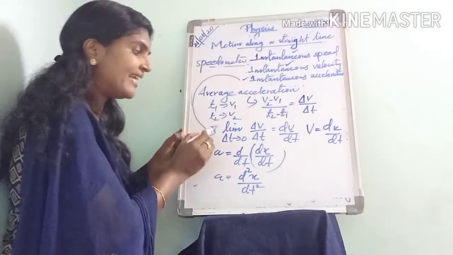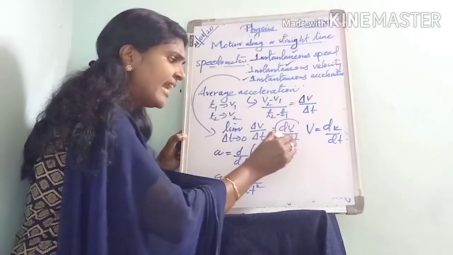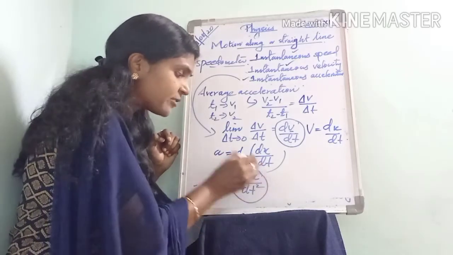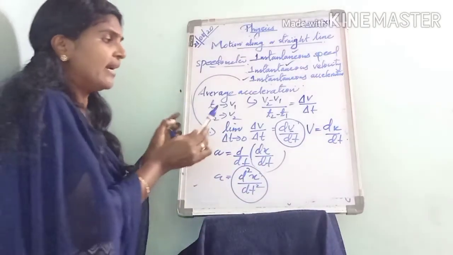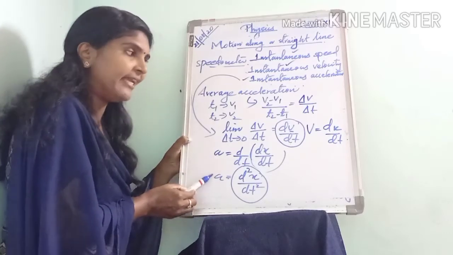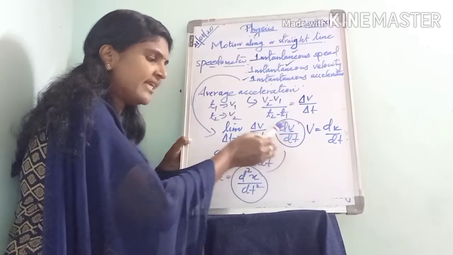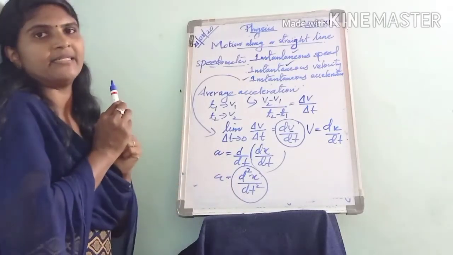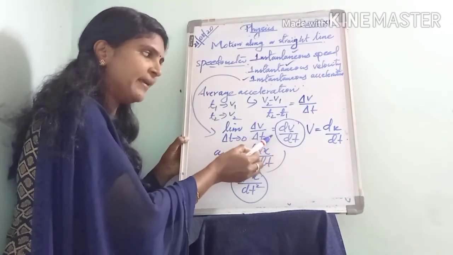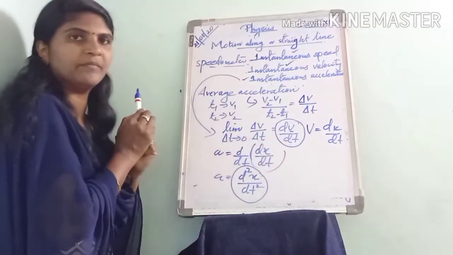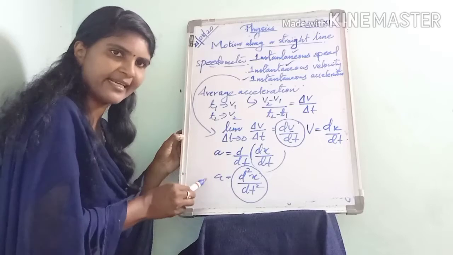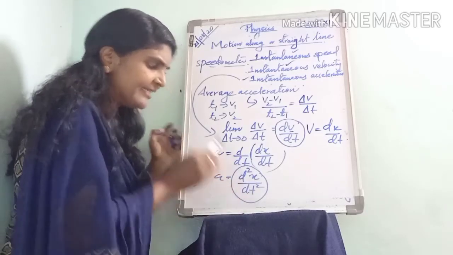So for instantaneous acceleration we have two relations. Either we can write dv by dt or we can write d square x by dt square. So we can represent the instantaneous acceleration in terms of velocity and in terms of displacement. In terms of velocity it is dv by dt, and in terms of displacement it is d square x by dt square.